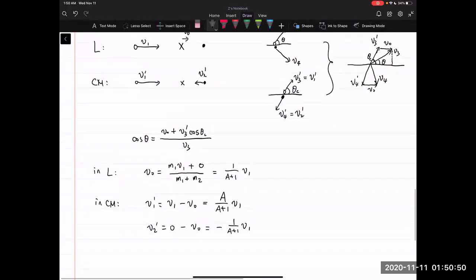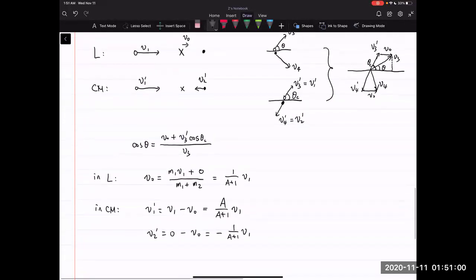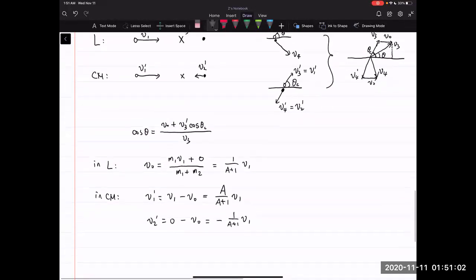And then we have V3 prime the same as V1 prime, and V4 prime the same as V2 prime. You can put it into the cosine theta expression and find out what cosine theta is. Let me just write it down.